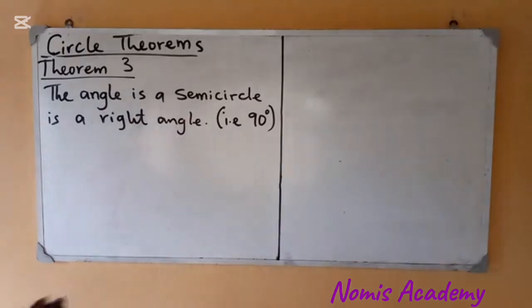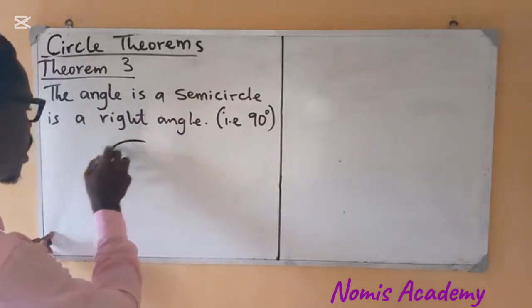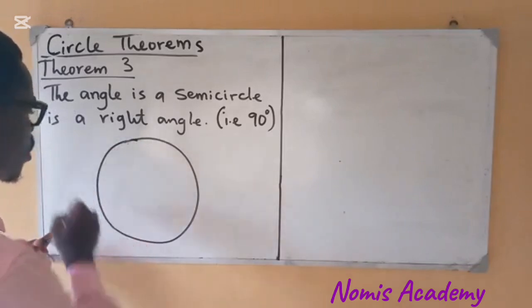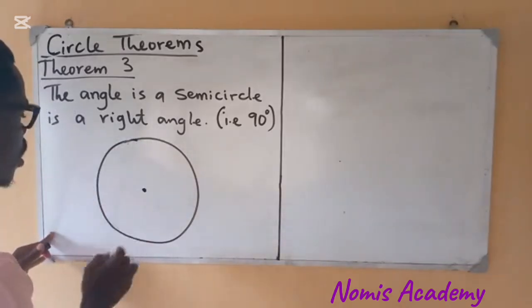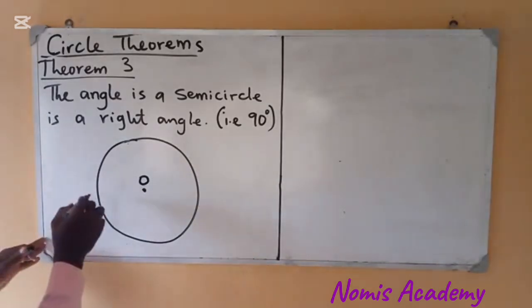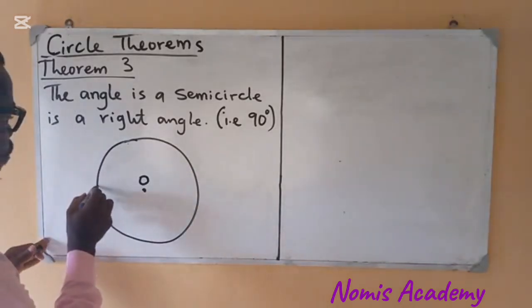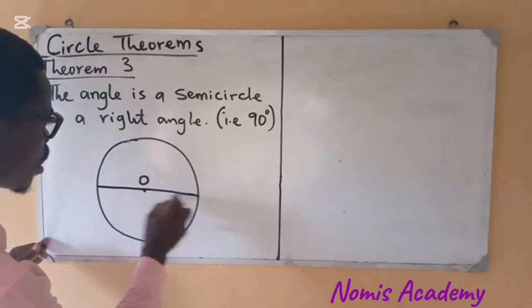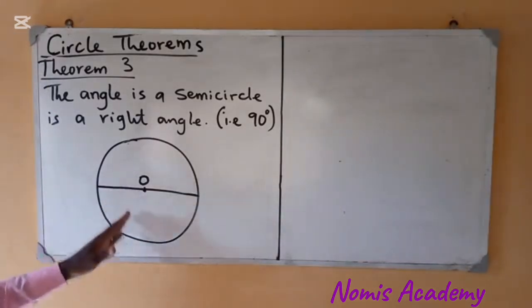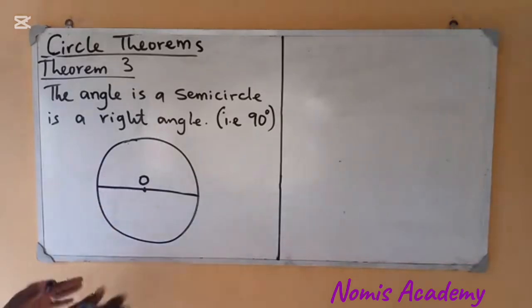So now let's take the diagram to understand the statement. Okay, this is a circle and this point is the center O. Supposing we have a diameter this way, we have a diameter that divides the circle into two equal parts.